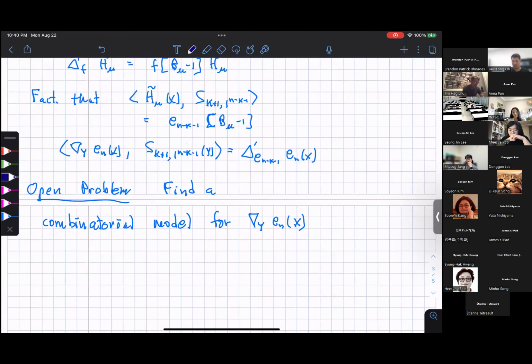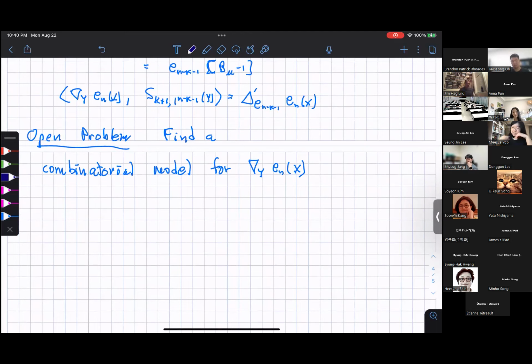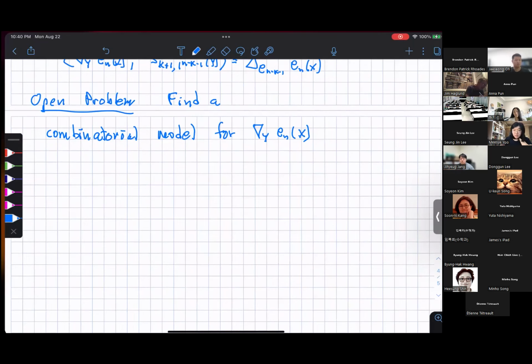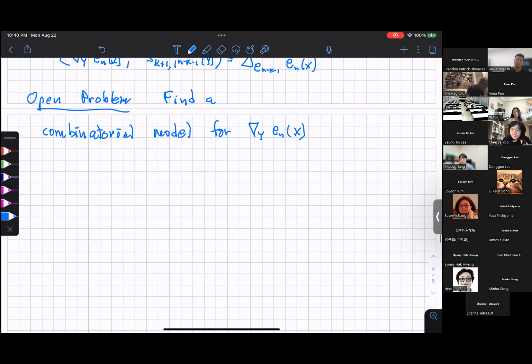Okay, and another major goal behind studying this Nabla y is the following. So now and this is a problem that's been open kind of from the start of Heyman's work.